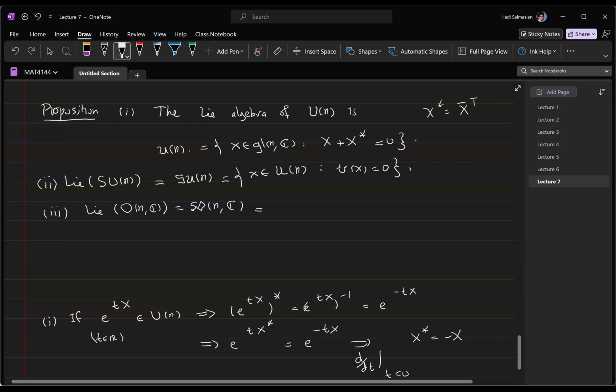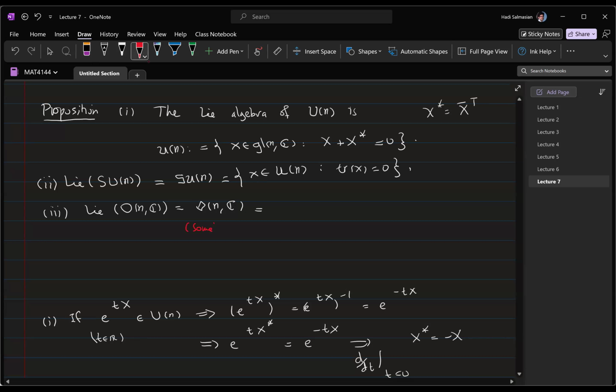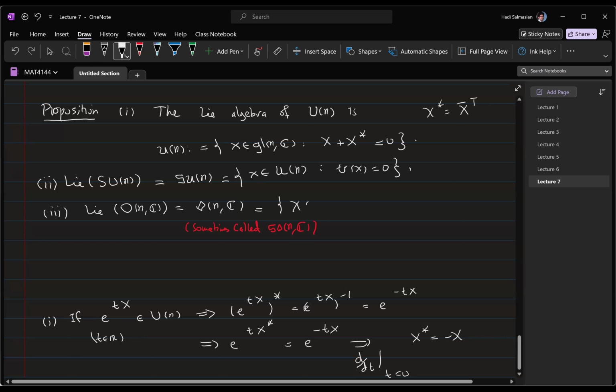So maybe I just write ONC, and sometimes it's called SONC, which is the set of matrices in GLNC with the property that X plus X transpose is 0. The group SON is related to ON by the determinant condition: you take determinant one elements.